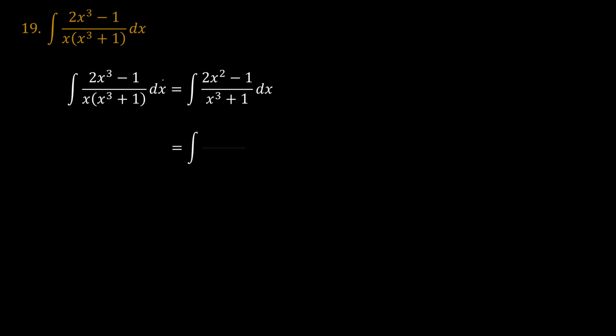Problem 19, which is the integral of 2x cubed minus 1 over x times x cubed plus 1. One thing you could do is, we have x here, but then we can express this as partial fractions, which will become 3x squared over x cubed plus 1 minus 1 over x.